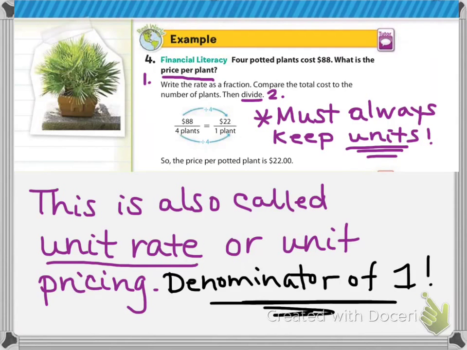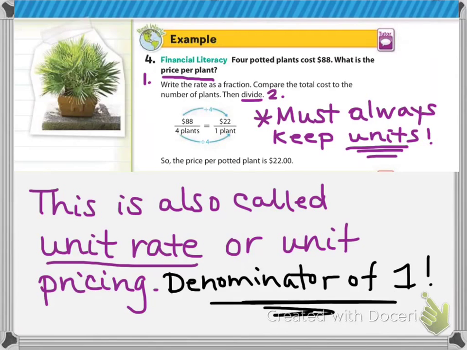You are trying to go from 4 plants to 1 plant. How would you go from 4 to 1? You would have to divide by 4, which they show there in the blue. If you divide by 4 on the bottom, you need to divide by 4 on the top. So 88 divided by 4 is $22. So the price per potted plant is $22.